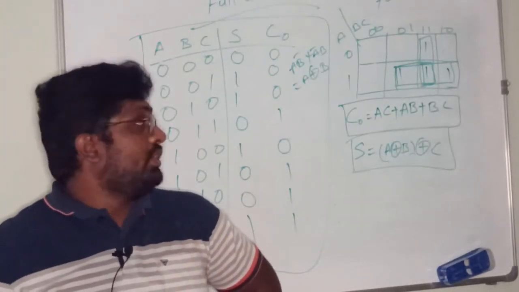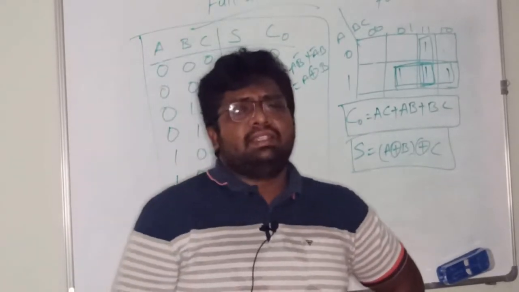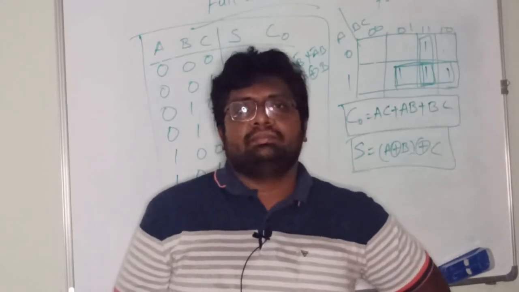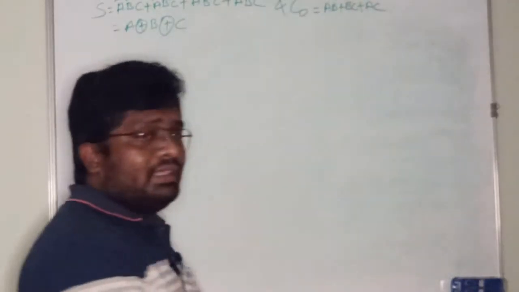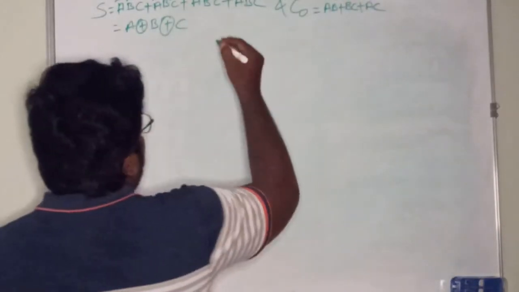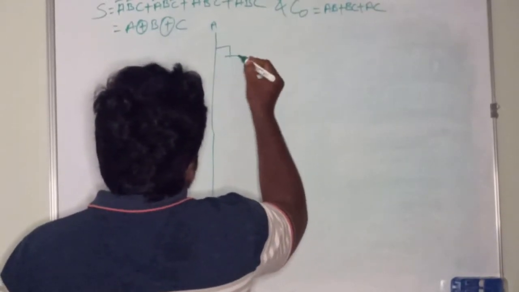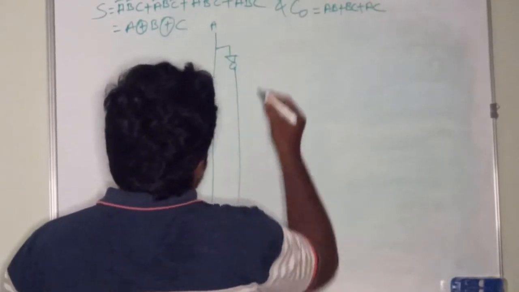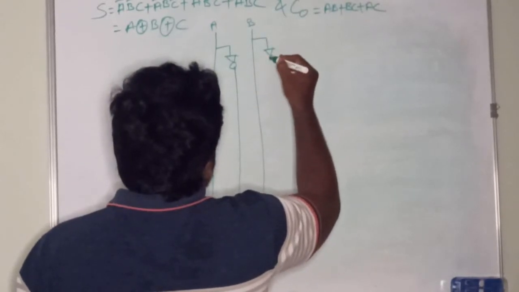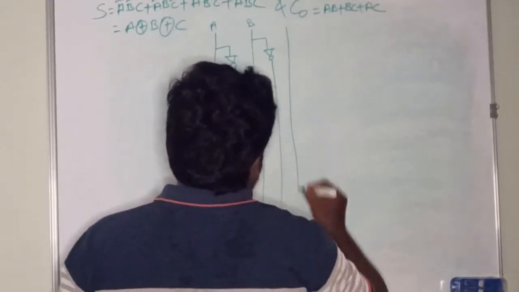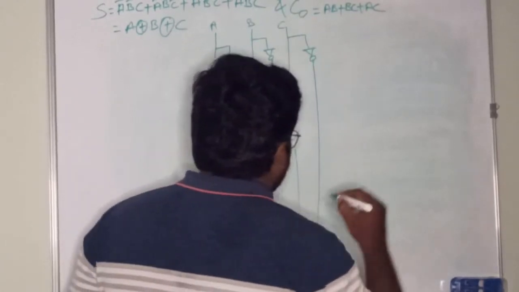So now let us draw the logical circuit, the combinational circuit, for this sum and carry by using logic gates. For sum, we have 3 inputs, so the 3 inputs will be A, this is A complement, next one is B, this is B complement, C, and this will be C complement.